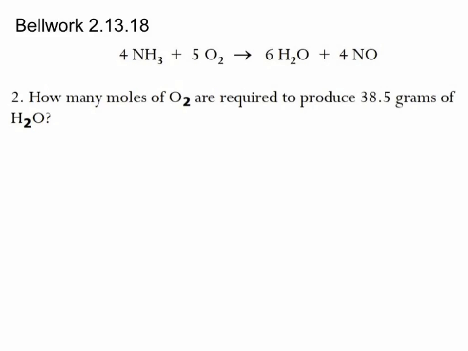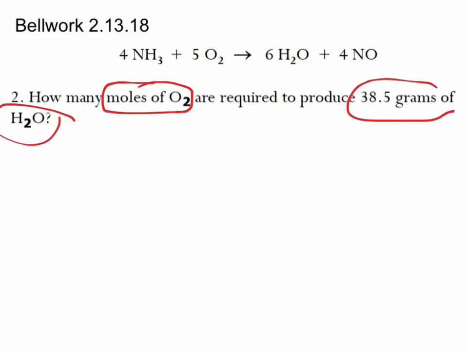The first thing I can say is go in there and highlight the information that you're given. What do you want to know? 38.5 grams. What do you know? So we want to get to moles of O2. And we know that we have 38.5 grams of H2O.